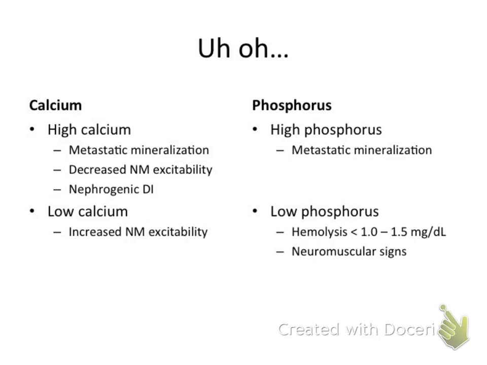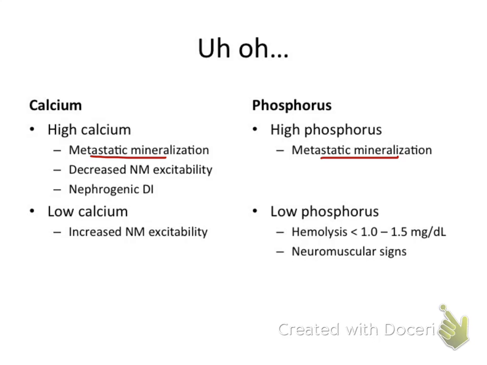So why do we even care about calcium and phosphorus? Well, in addition to helping with disease diagnosis, marked increases and decreases in calcium and phosphorus can cause pathology by themselves. Hypercalcemia and hyperphosphatemia can lead to systemic tissue mineralization, known as metastatic mineralization.